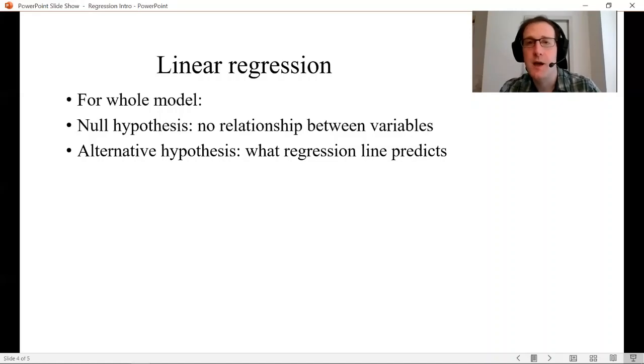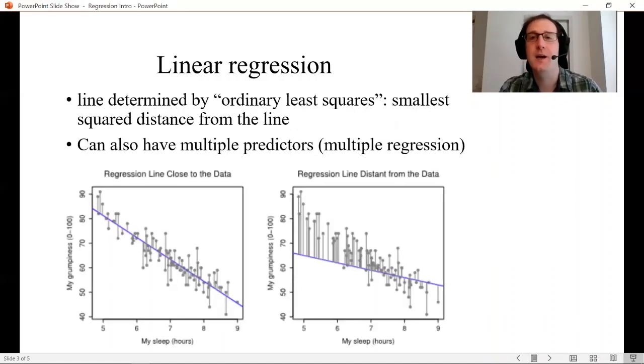If you have an alternative hypothesis, this is basically that you're arguing that the relationship is exactly what the regression line predicts. So I'm actually going to jump back a slide here. Essentially, the alternative hypothesis for the model for linear regression is that the relationship here between sleep and grumpiness is exactly this line.